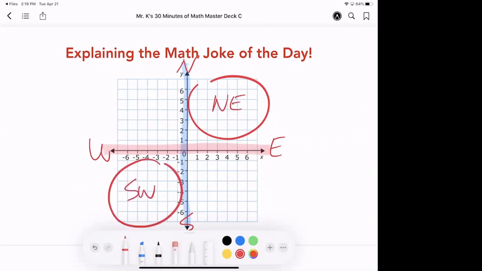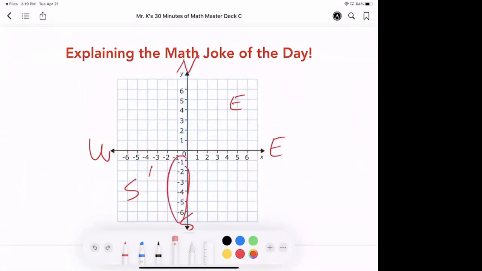And if you remember, everything down here in southwest is going to be negative because any point over here is negative.